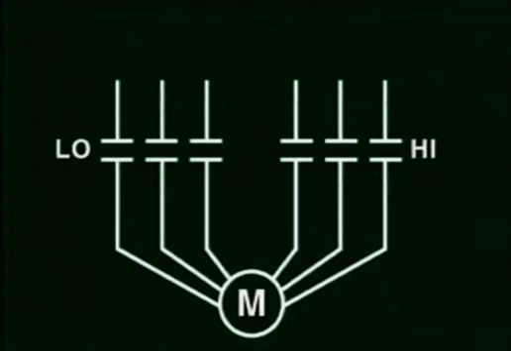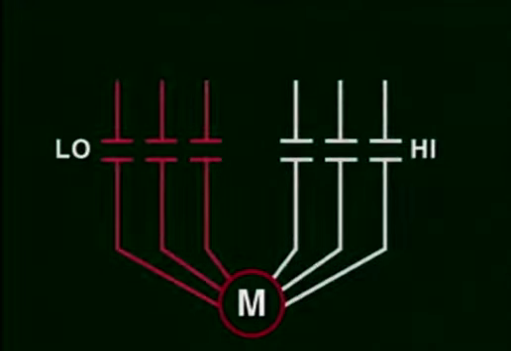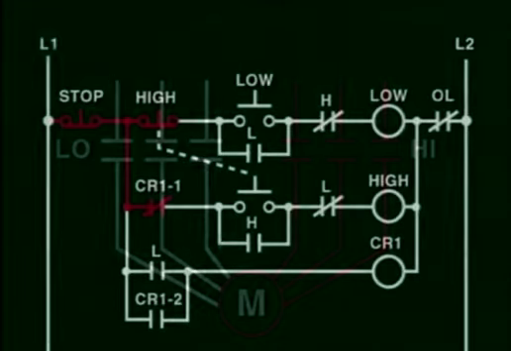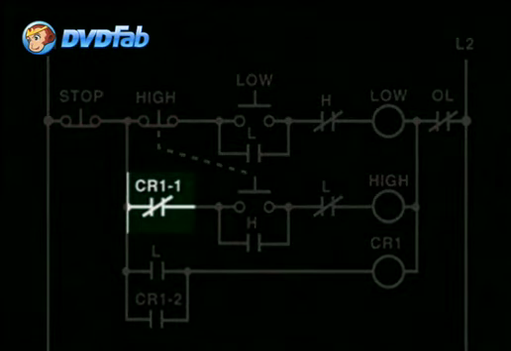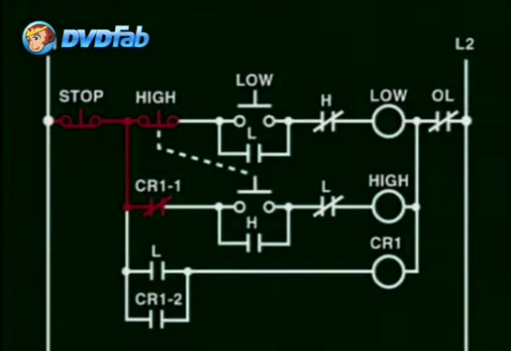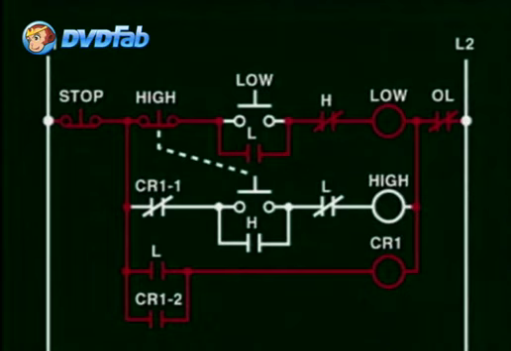Many applications may require low-speed compelling, which means that the motor must start at a low speed and then be allowed to accelerate to the high speed when required. In this circuit, CR1-1 contacts prevent the high-speed contactor from being energized unless coil CR1 is on. This can occur only if the low speed is first selected.